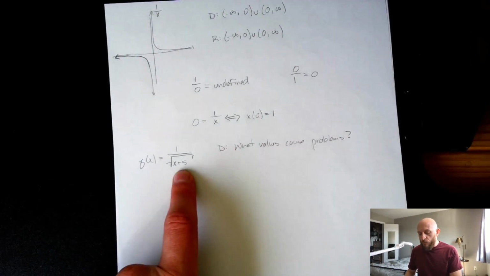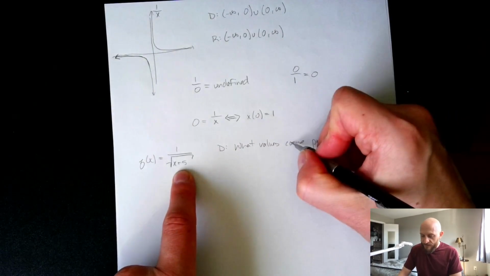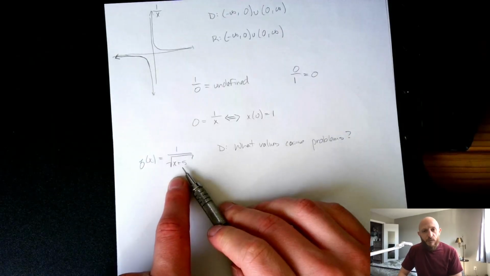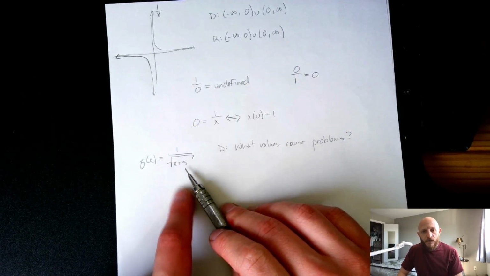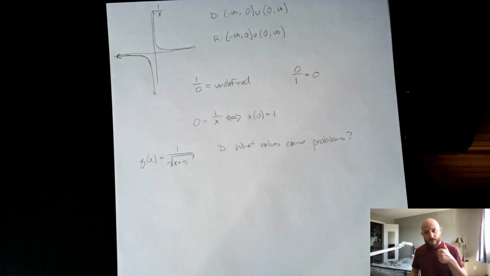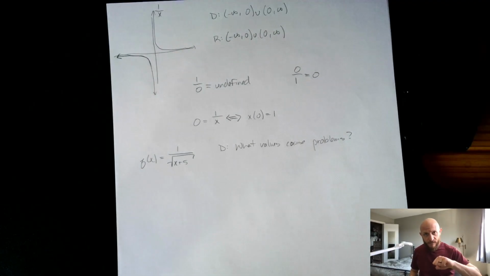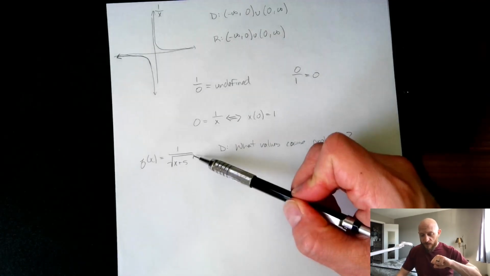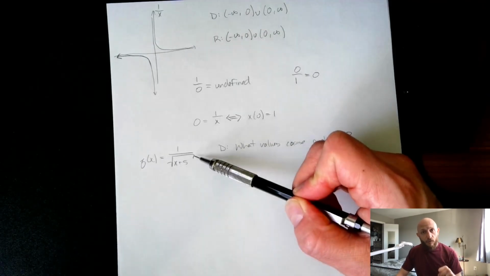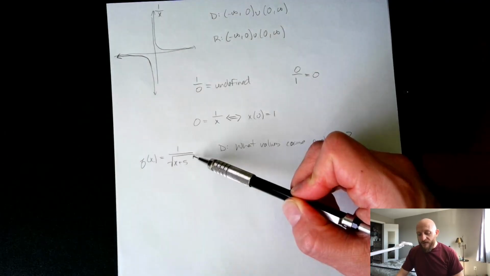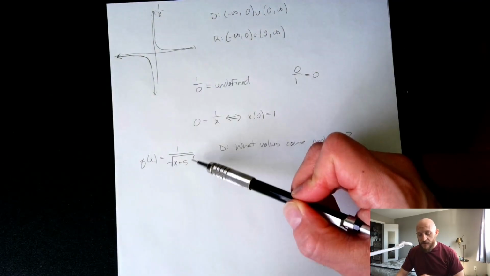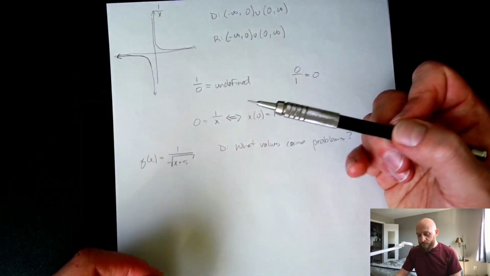What problems can occur with something like 1 over the square root of x plus 5? We've got a fraction, which means we need to be worried about having a 0 in the denominator. And we also have this radical right here, so we need to worry about anything negative being plugged into the radical.